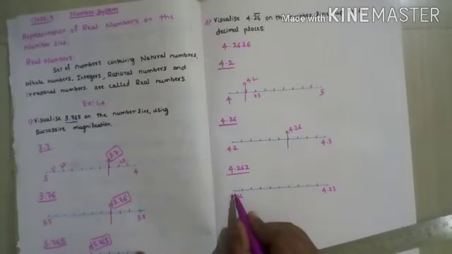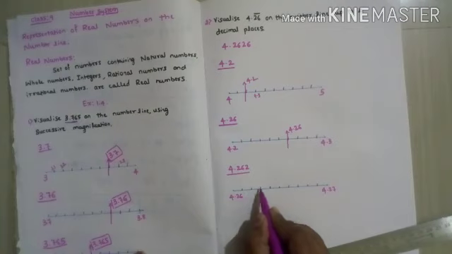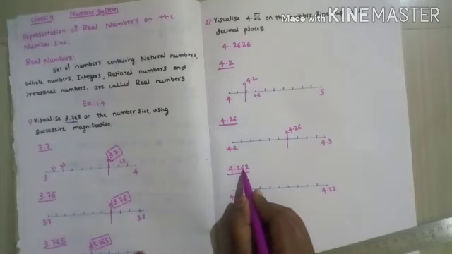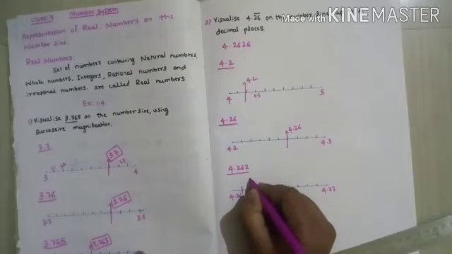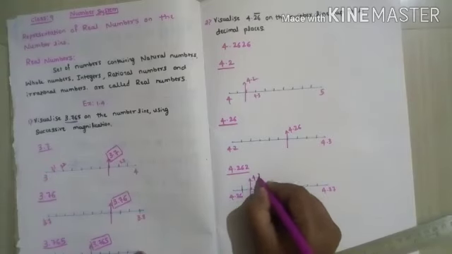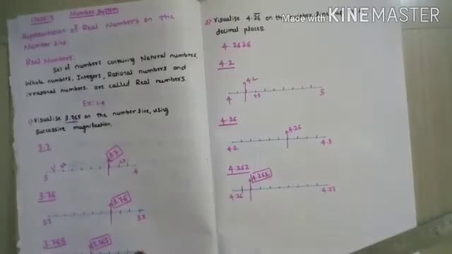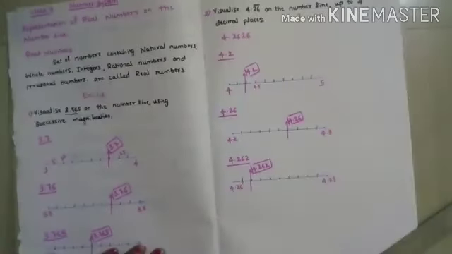First one will represent 4.261, 4.262, 4.263. We want to represent 4.262. This is 4.261, 4.262. Next, the last one we want to represent now.